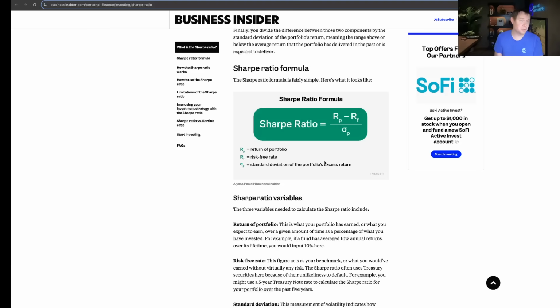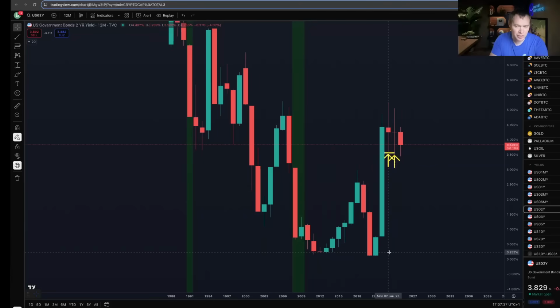Now, in 2021, the risk-free rate was essentially 0%, right? You couldn't really get anything, because look at the 2-year yield. The 2-year yield was basically 0%. So that was why the markets were going crazy, because even conservative investors that wanted to just get an easy 3%, 4%, couldn't even do it.